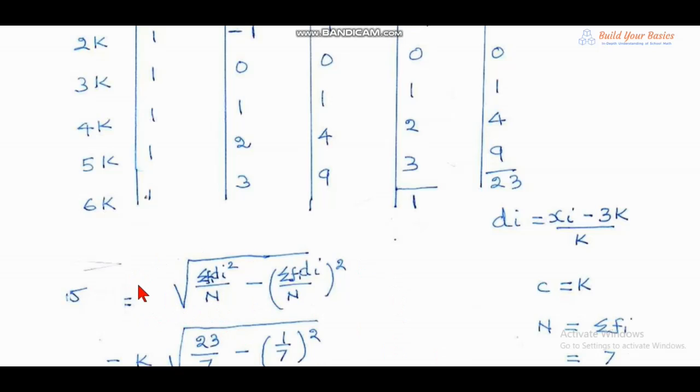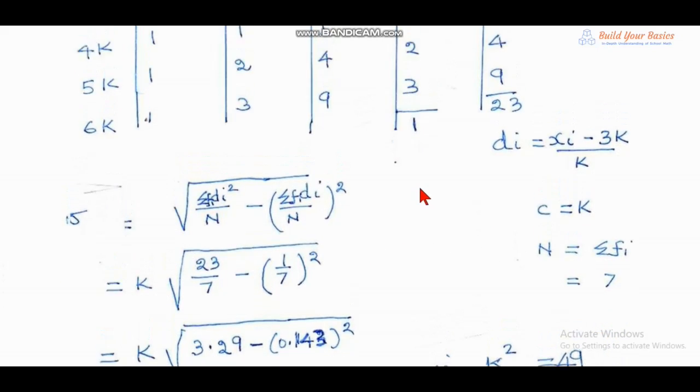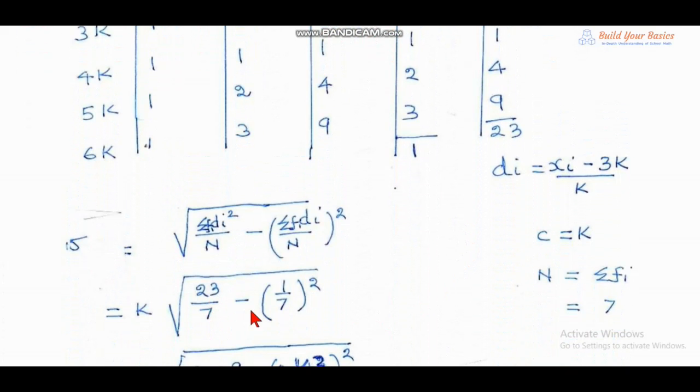Substitute in the formula. Sigma equals C into, when we do by step deviation, we divide the deviation by step and multiply by that step here. So k into square root of sigma fi di square, that is 23 by 7, minus sigma fi di, that is 1 by 7, the whole square.